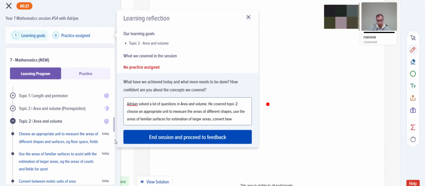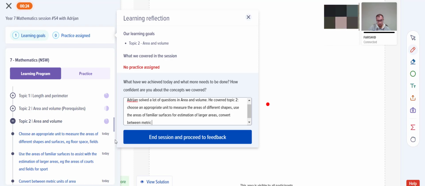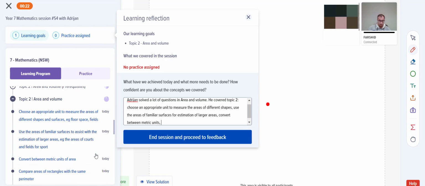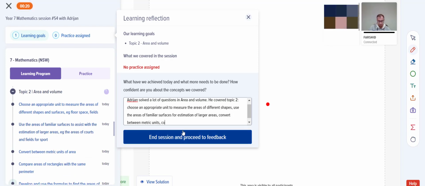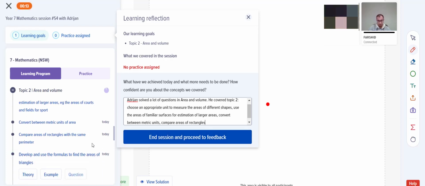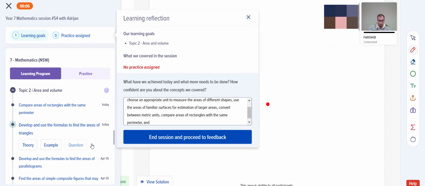Convert between metric units. Compare areas of rectangles with the same perimeter. And finally, develop and use the formulas to find the areas of triangles. Yes, you did well.